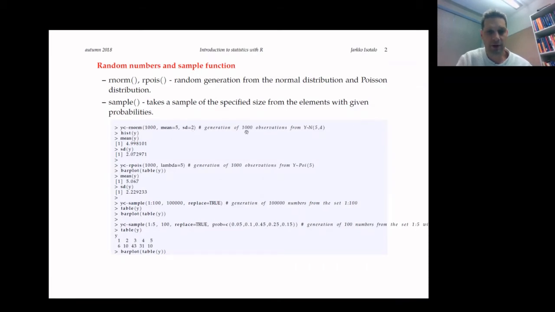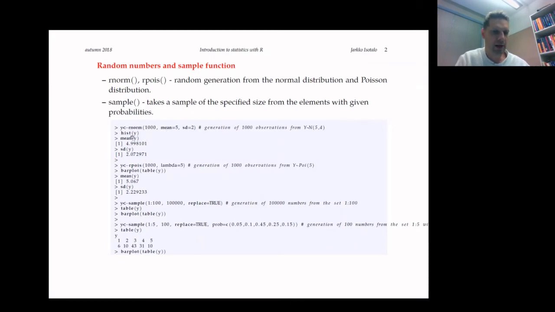And if we first consider this rnorm function, which is a way to generate, for example, 1,000 observations from this normal distribution with mean 5 and standard deviation 2, then we can just use it like this. So there's a function rnorm, 1,000, mean 5, standard deviation 2, and then we have in a vector y 1,000 observations, which are a realization from this distribution.